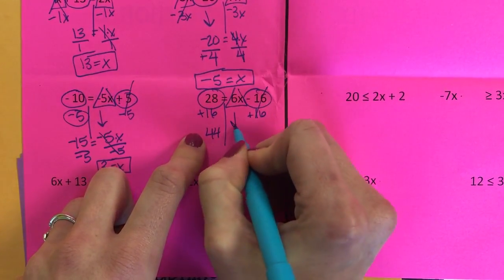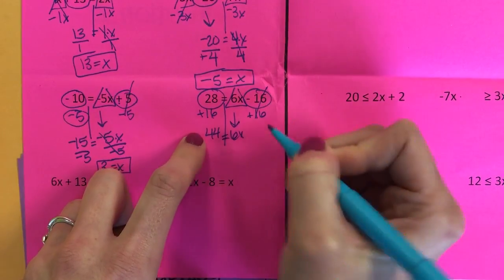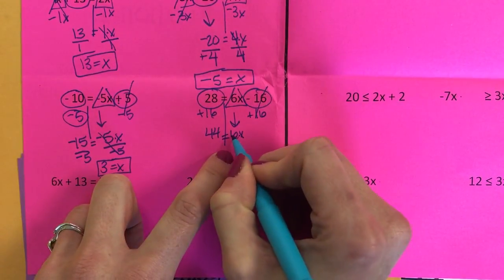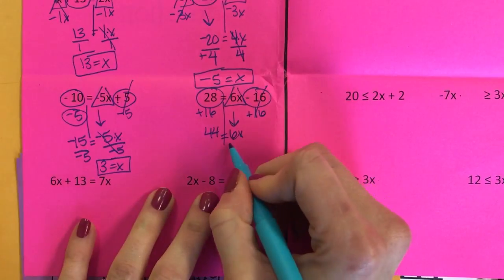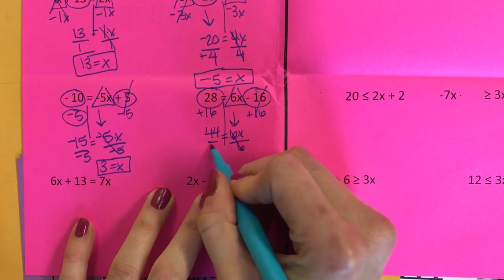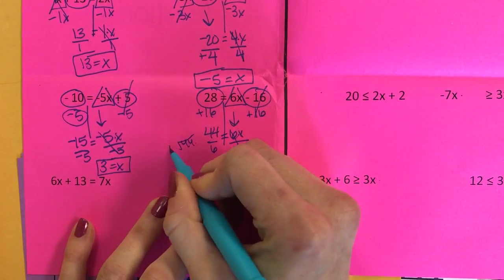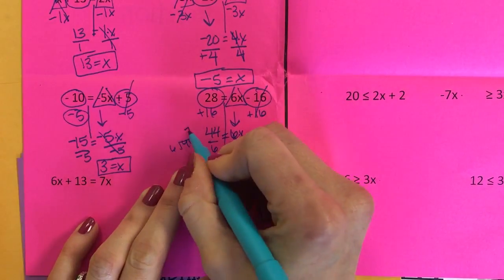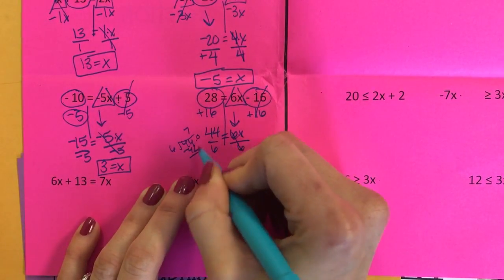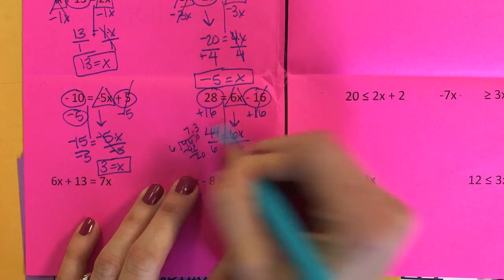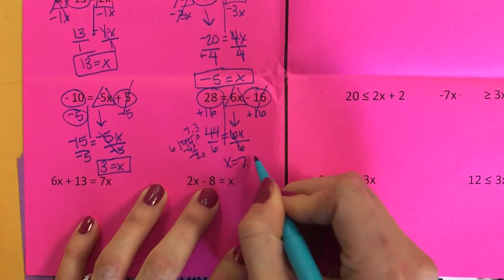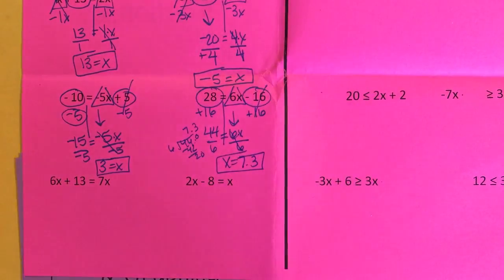Bring down 6x. And then we've got 6 times something equals 44. So we can divide it. 44 divided by 6. It'll be 7.3 repeating, but we'll just leave it at 7.3.